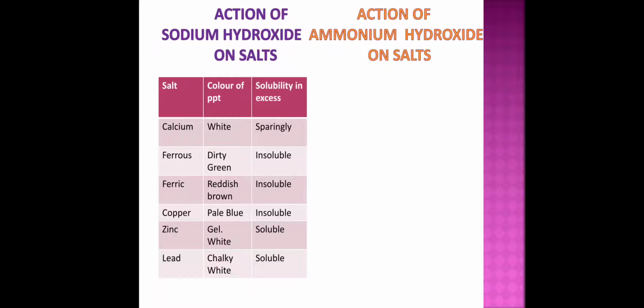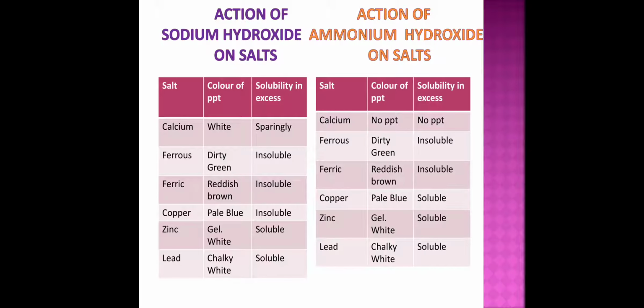Calcium salts, when reacted with sodium hydroxide, give a white precipitate which is sparingly soluble in excess of sodium hydroxide. Now let's see the calcium salt's reaction with ammonium hydroxide. A calcium salt reacts with ammonium hydroxide but does not give any precipitate.